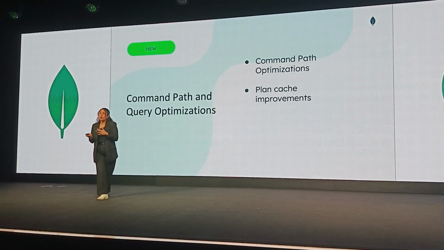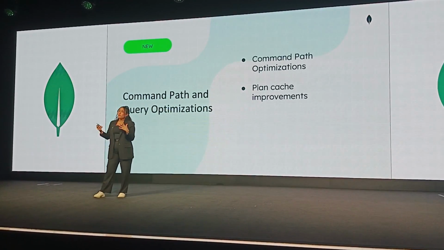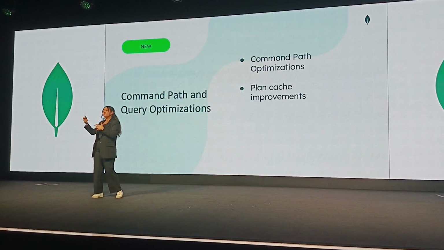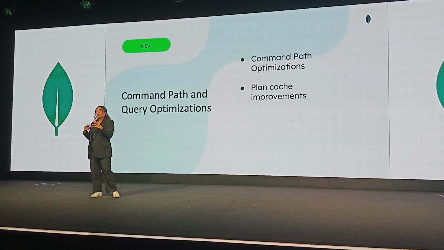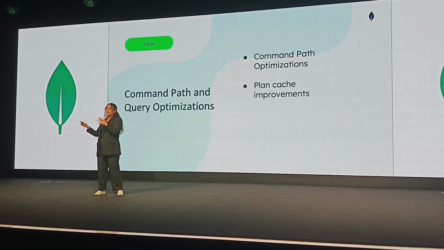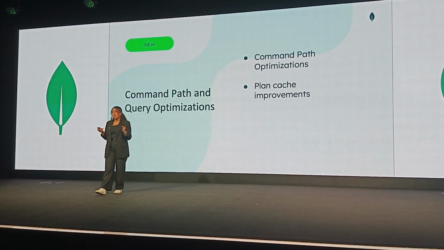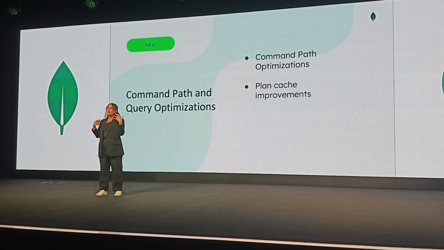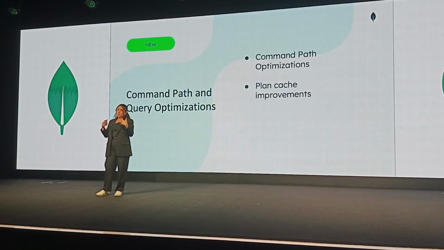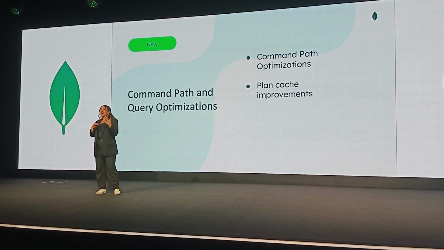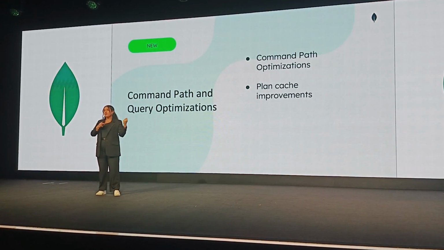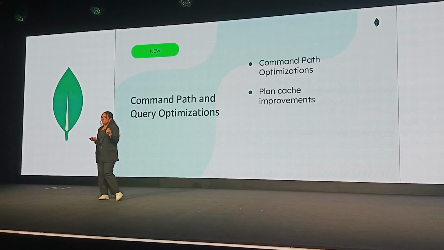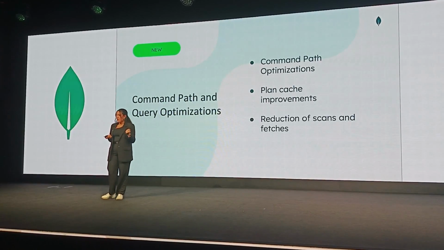In the past, whenever we wanted to add a new feature, we would add it into the command path, but we didn't take into consideration that this may impact performance. So now we optimized the command path in its essence, skipping unnecessary steps, but we also made improvements in the code that gave us these performance gains.